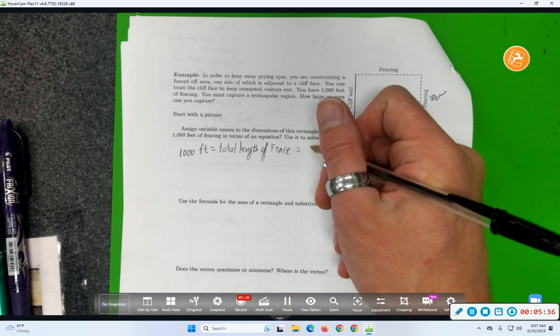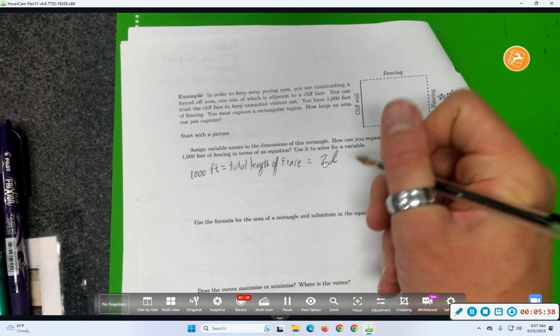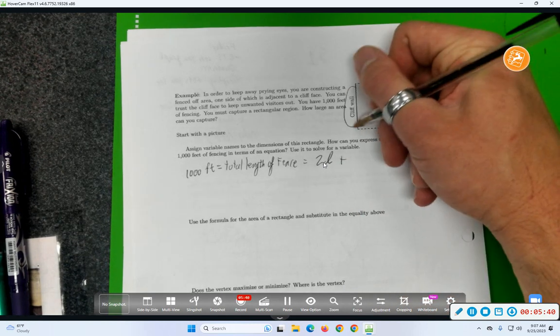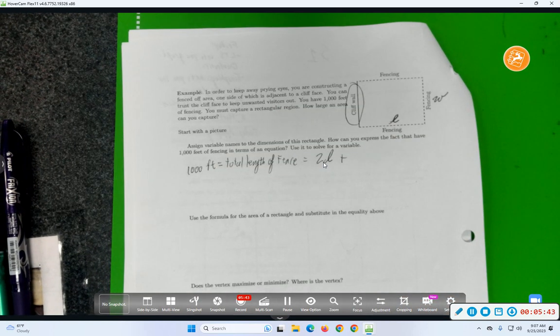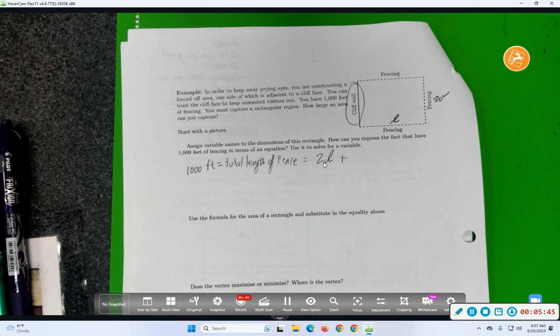Yeah, say louder. Not 2W. You don't actually build fence along the cliff wall because you don't need to. So 2L plus W is the amount of fence you used.